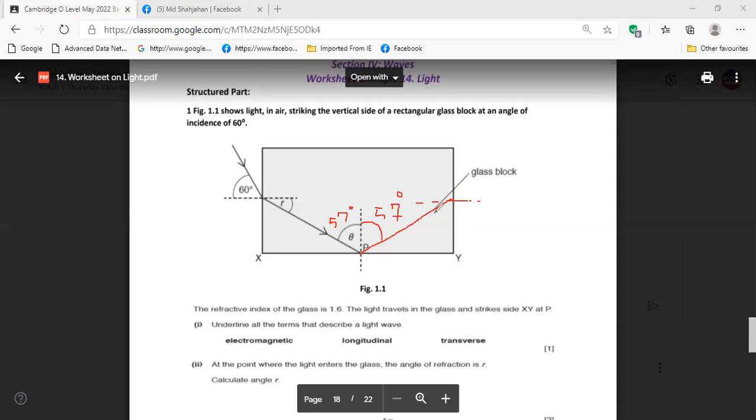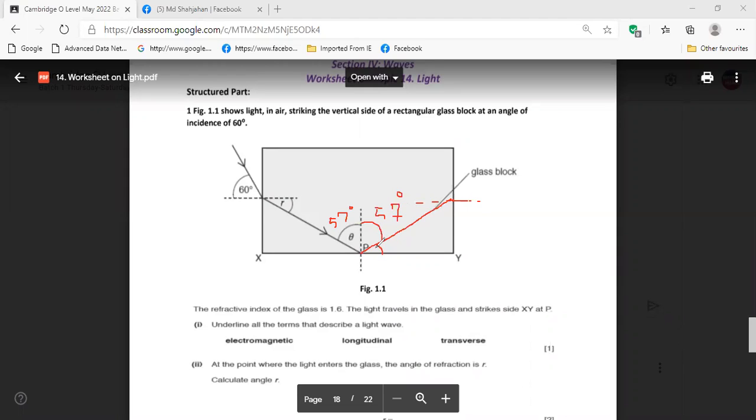Now you understand one thing: if it is 57 degree, then what is the angle of this one? If it is 57 degree, then what will be the value of this angle?